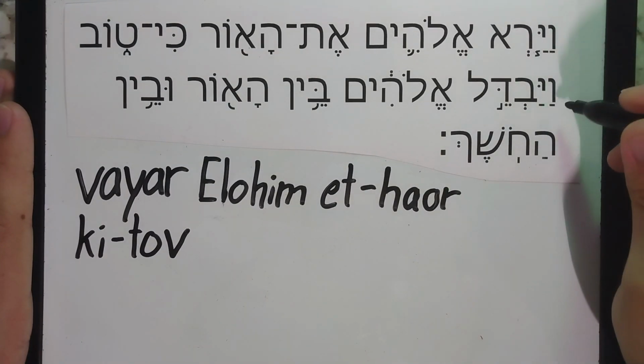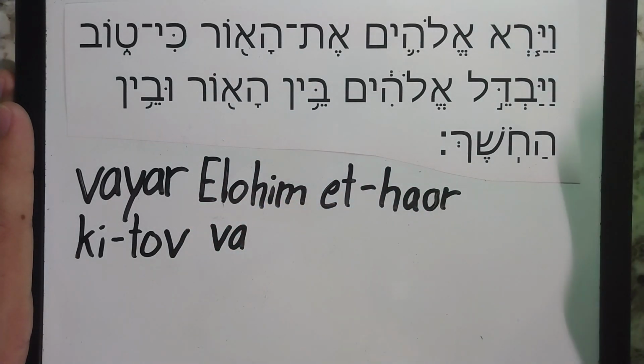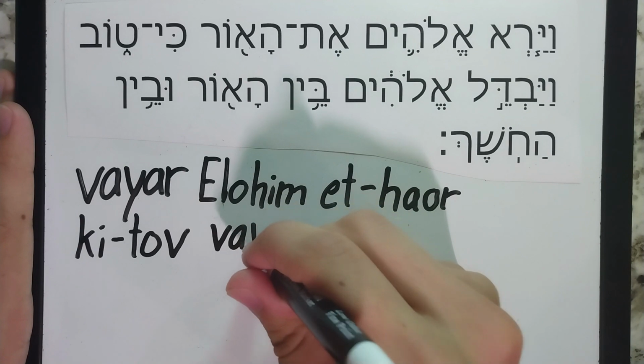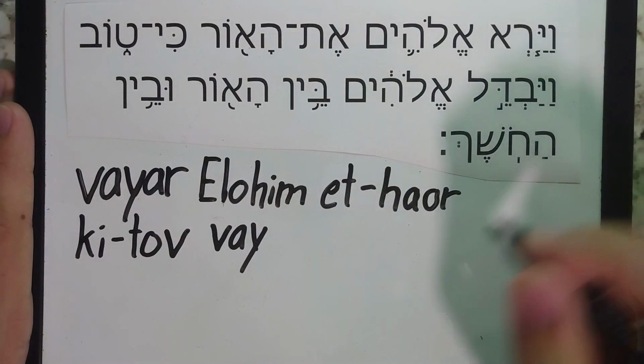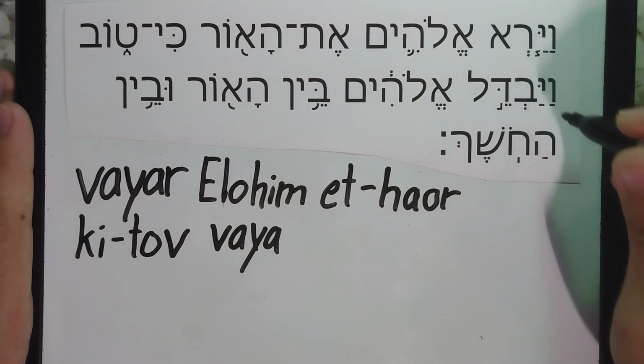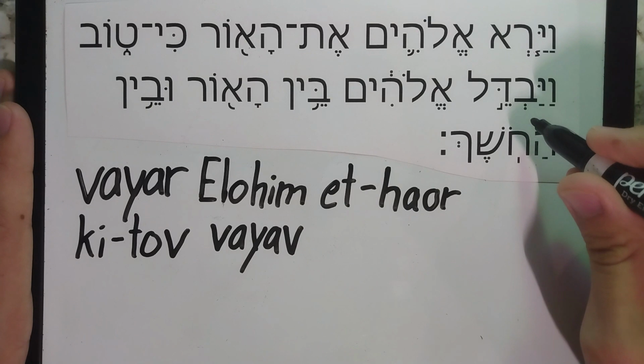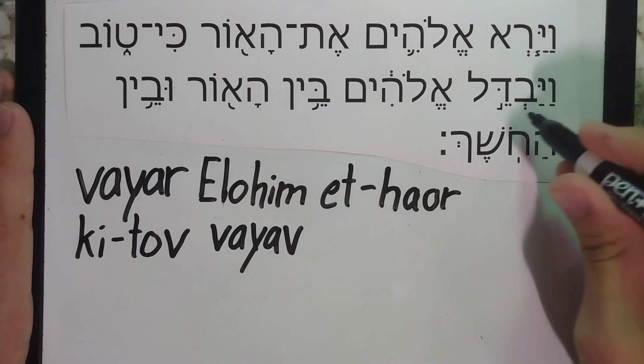Moving down the line, we see our next word starts with a vav with a patach under it, so that is va. After that, we have a letter yud, which says ya, and under that is another patach, which says ah. And after that, we have a bait without dagesh, which says v. Under the bait, we have a shva, which ends the syllable yav.